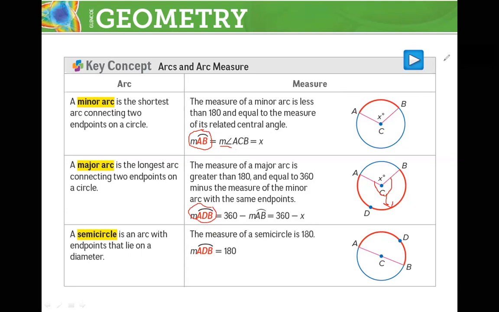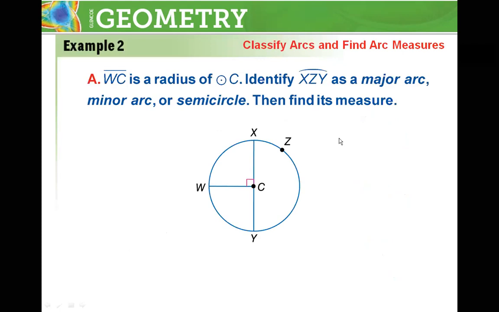Okay. We are going to an example. I read the example and let you solve it, and then I choose one to help me in answering it. WC is a radius of circle C. Identify arc XZY.